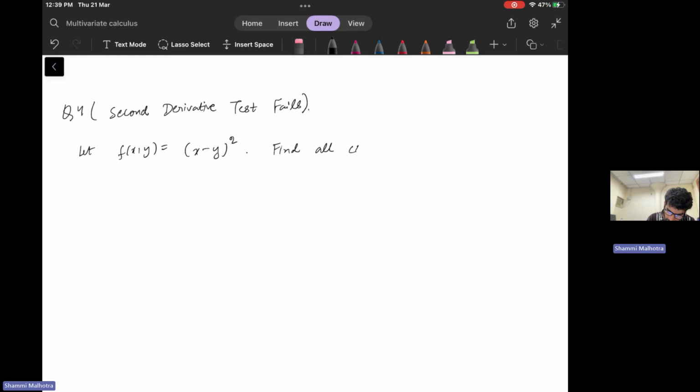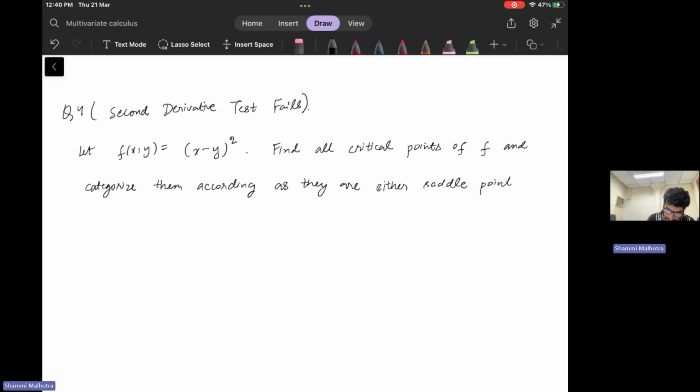Find all critical points of f and categorize them according to whether they are either saddle points or the location of a local extreme.